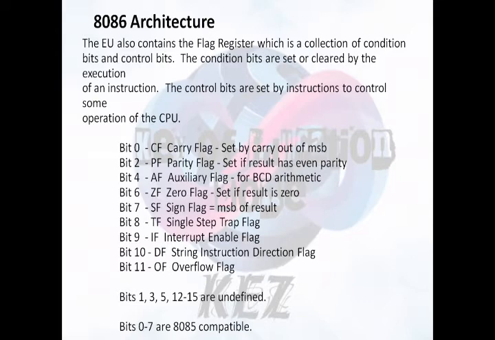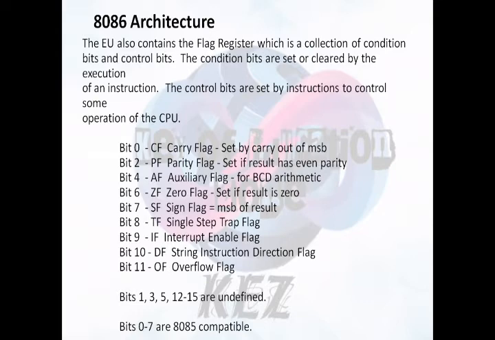The condition bits are set or cleared by execution of an instruction. We already told you about these condition bits and control bits. The control bits control the operation of the CU.